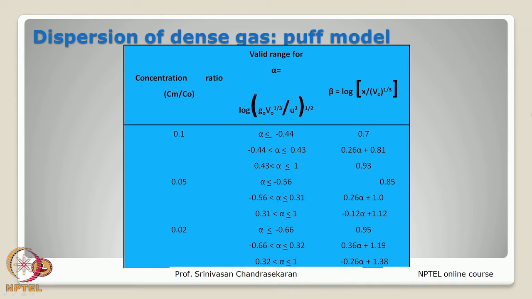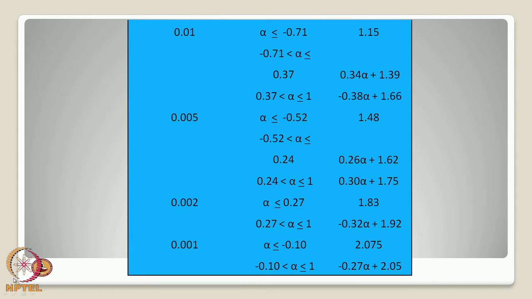The concentration ratio Cm by C naught is given in groups for different values of alpha and beta, which can be computed from V naught, G and U as explained earlier. For the value of alpha computed and for beta in the range given here, one can choose the value of Cm by C naught from the table. Further values of this ratio are also extended till the value of 0.001, as you see from the table on the screen.